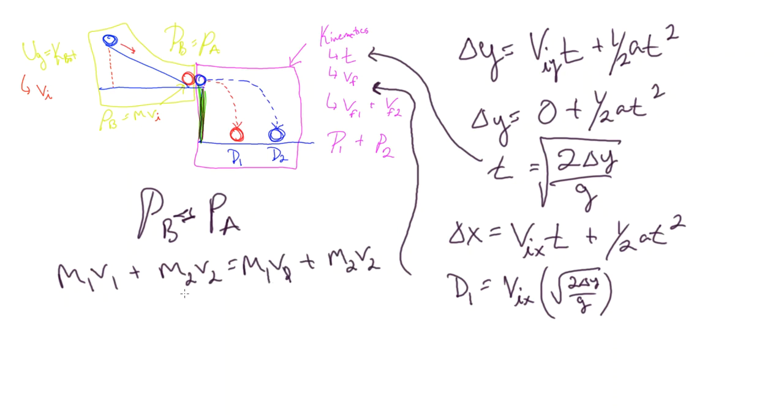This part right here, you're going to find using the little tidbit I've given you over there. And to find the last part of these two momentums, you're going to use the kinematics that we used over here. Good luck. If you have any questions, let me know.